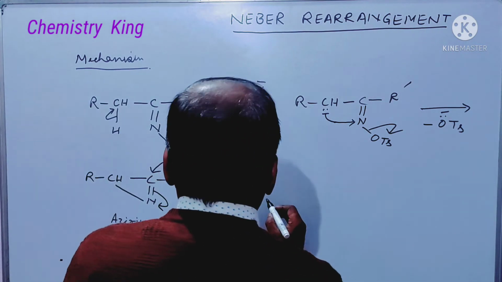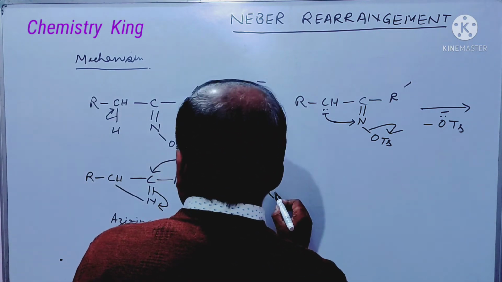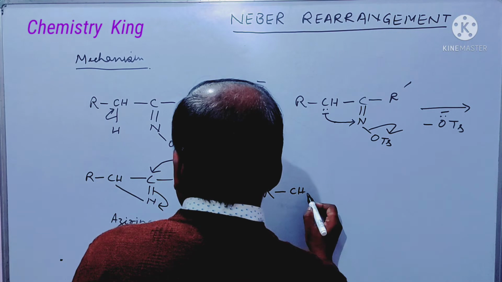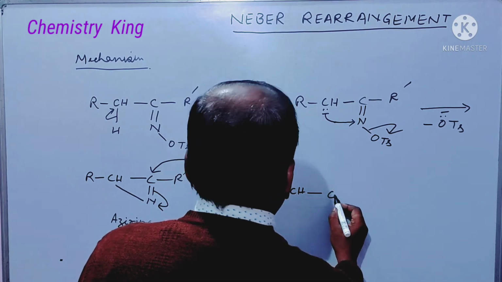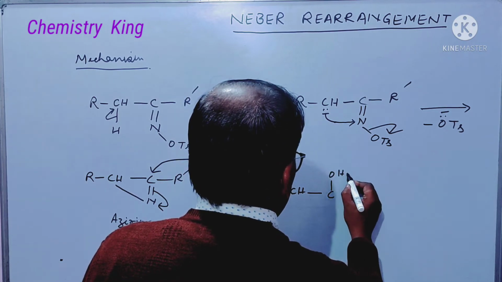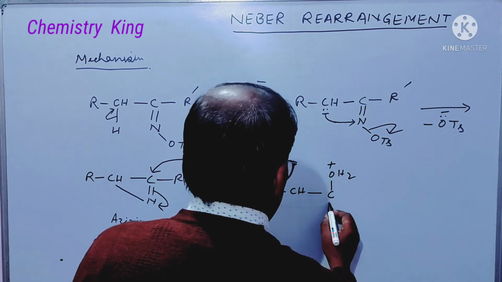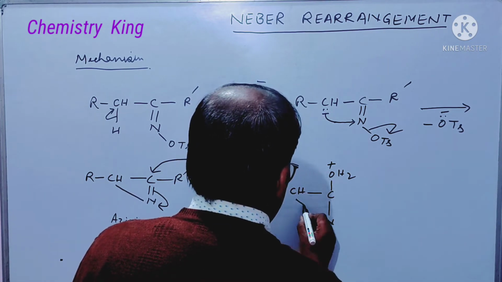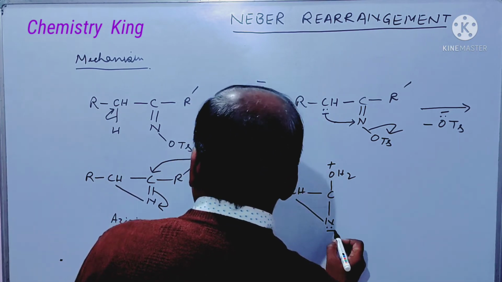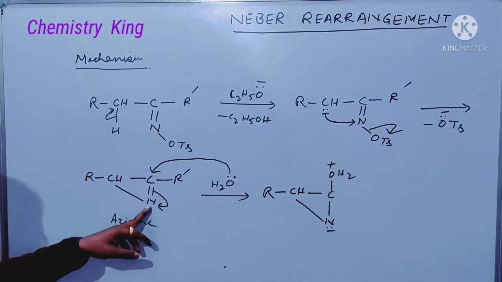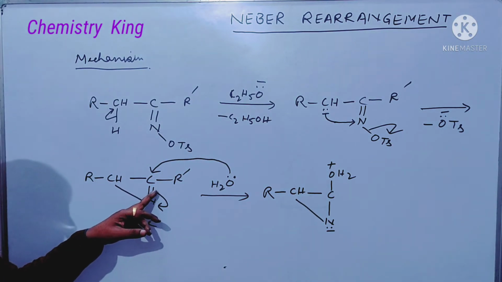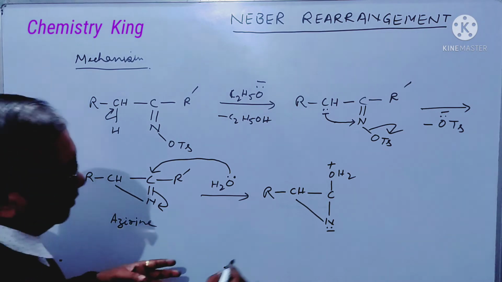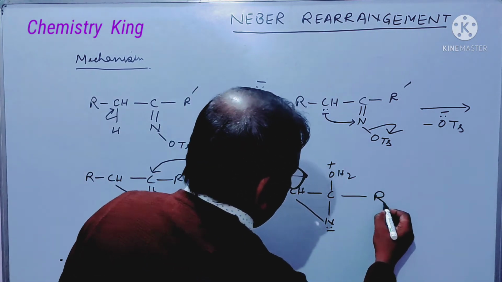Now it is R CH C OH2 plus, single bond N, the negative charge is on nitrogen, as this pi bond breaks in this fashion.